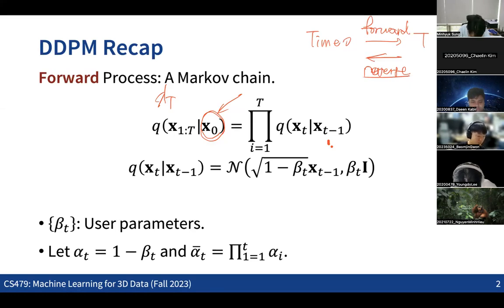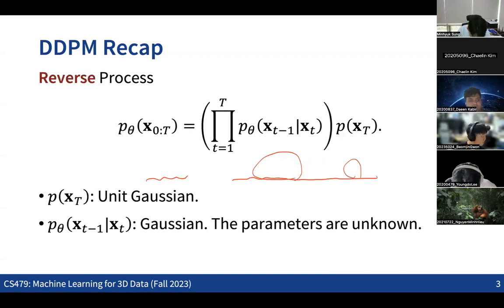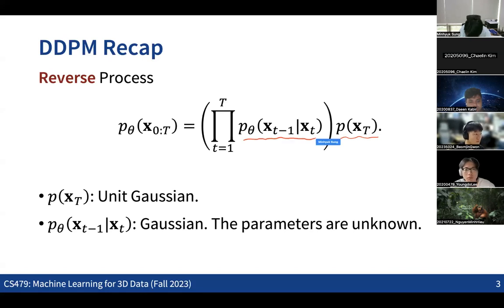So this was the forward process, and we modeled each single transition as a Gaussian distribution like this. These are all the usual parameters that we can choose. When you define the forward process like this, the reverse process is also defined as another Markov chain, starting from the unit Gaussian and going back to the data distribution with Gaussian transitions.